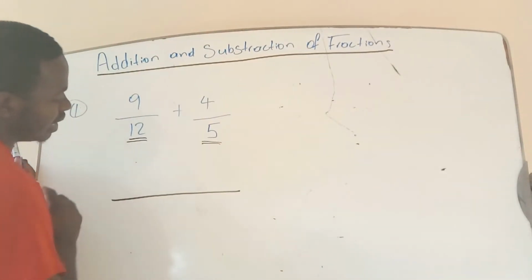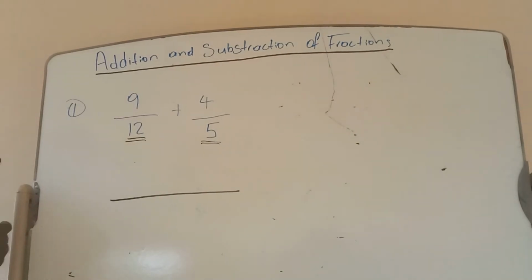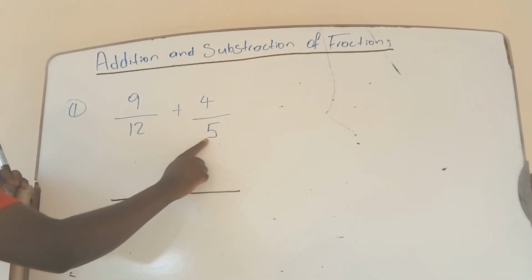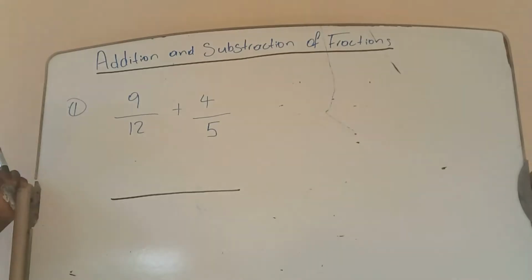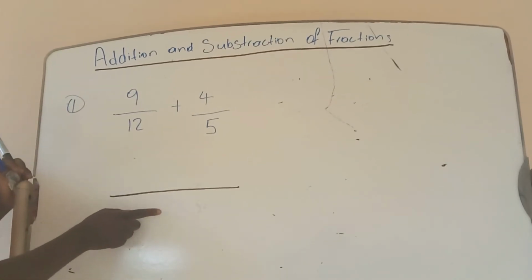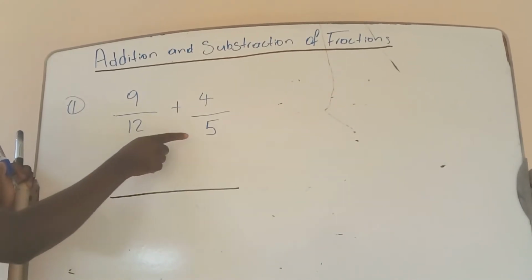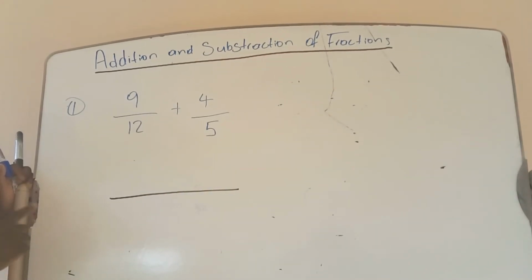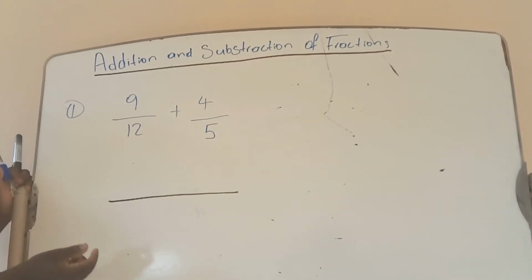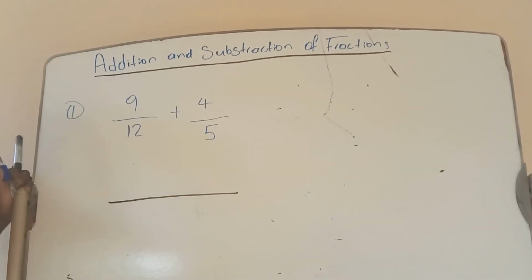So you will draw a line like this. Now you don't have to use the lowest common multiple. You can use any multiple of 12 and 5. The only difference is that you would have to reduce your answer at the end, right?